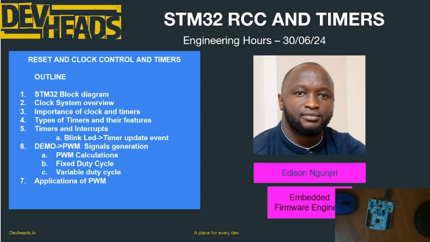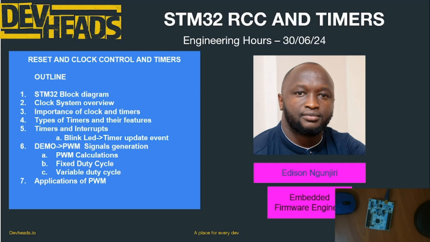We can also look at the importance of clock and timers, the types of timers and their features, timers and interrupt, and see how we can use this tool to generate a timer update event, and also PWM signal generation using the timers.